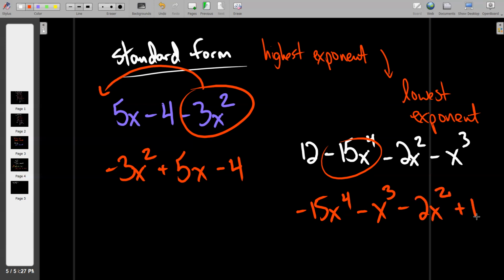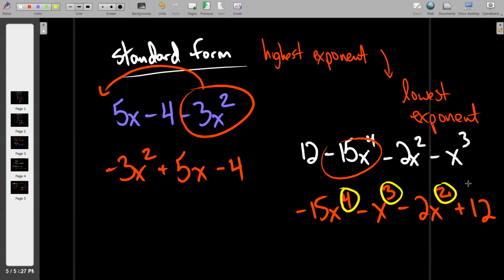And then the plus 12. You'll know you've done a good job when you can see those beautiful exponents 4, 3, 2, none. We skipped a term, but that's okay. They don't have to have them all as long as they go in order. We're good to go.